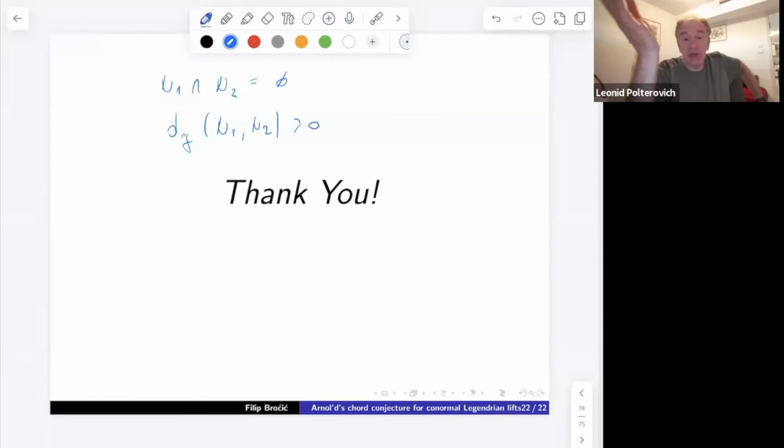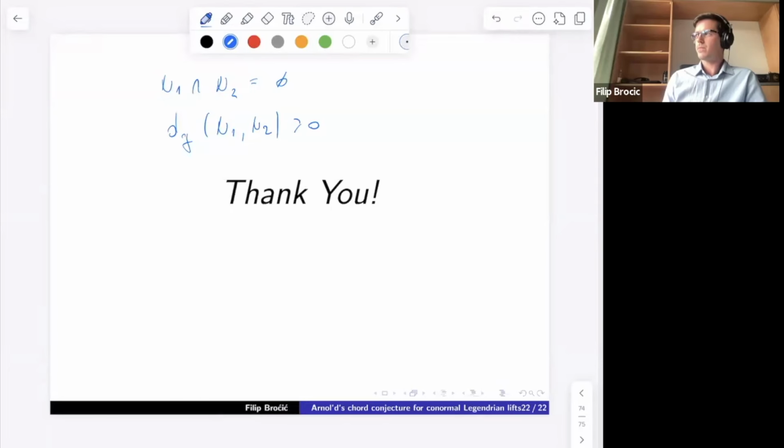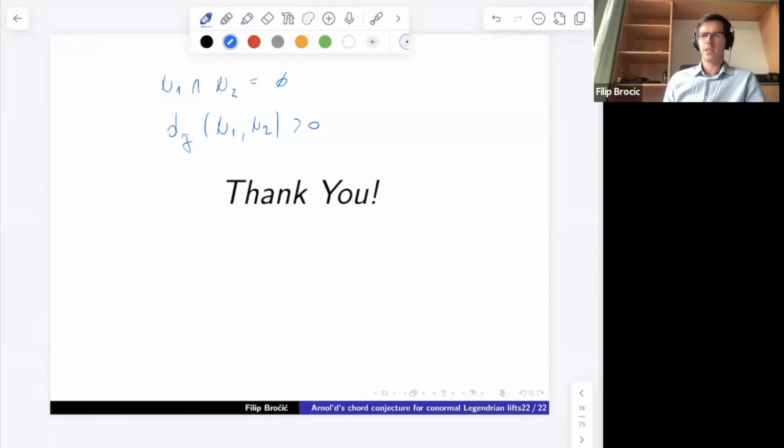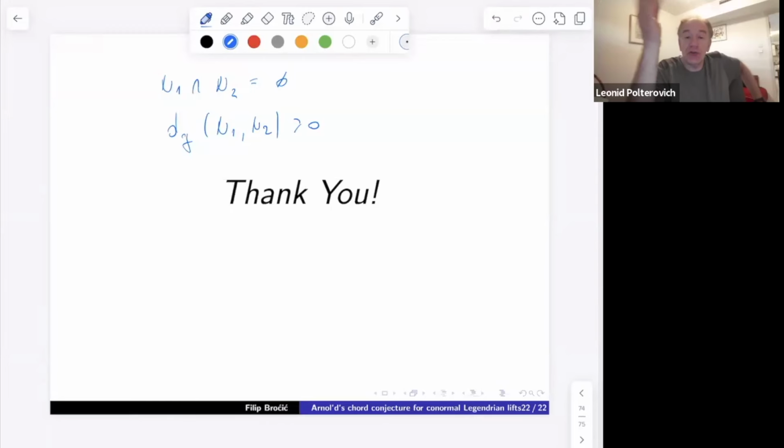And that's exactly what I have in mind, right? But now there is this contact version of this result, right? So you have two conormals, right? And the question is whether there exists a chord joining these two conormals.